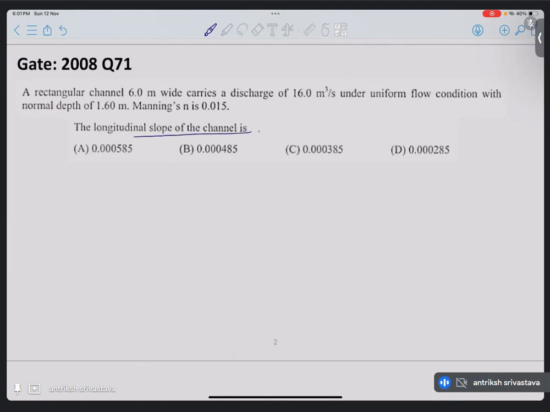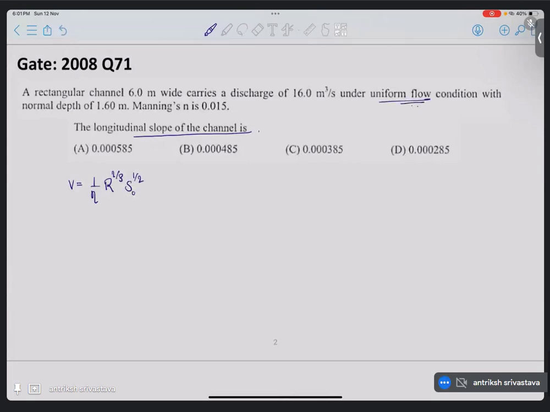This is a pretty simple question. If we know how to substitute the values in the formula for Manning's equation to calculate the flow, we can easily solve this question, and that's what we are going to do. The Manning's equation for velocity is given as v equal to 1 by n R to the power 2 by 3 S to the power 1 by 2, or in this case S naught because we have uniform flow, right?